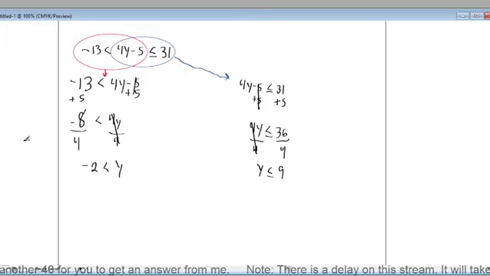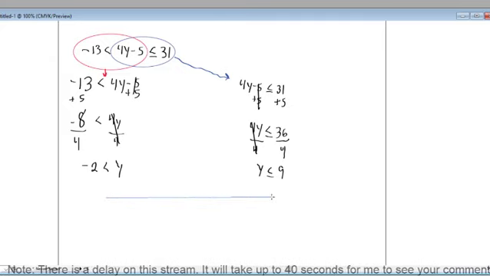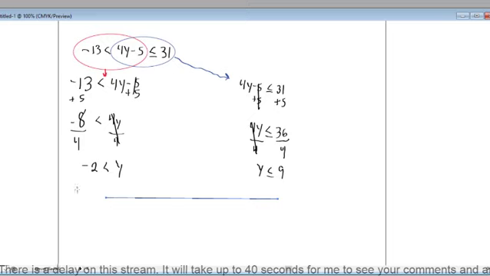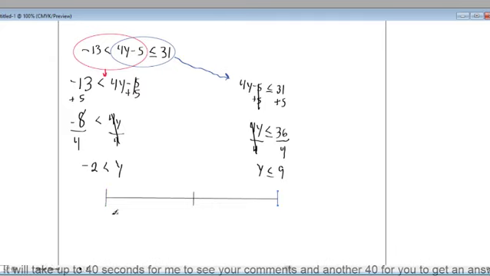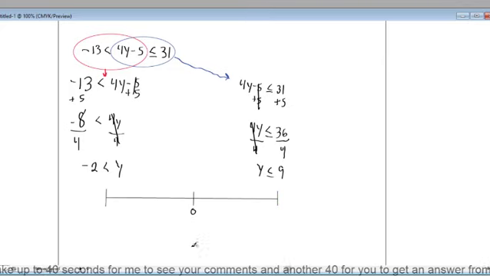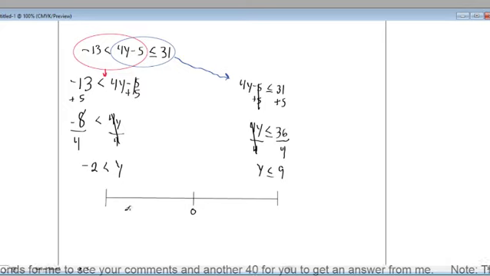Okay, so we have two different answers here, but we can easily visualize how they go together if we graph them. Again, graphs are a great way of visualizing answers for these things. So again, 0 in the middle, negatives on this side, positives on this side. Let's start with this one first. Negative 2 is less than y.